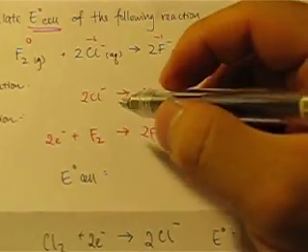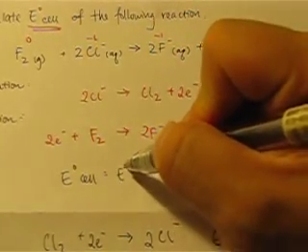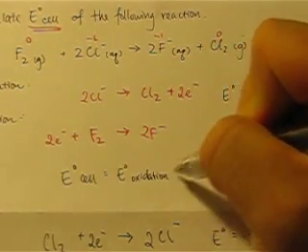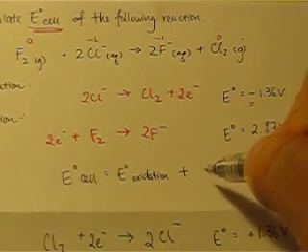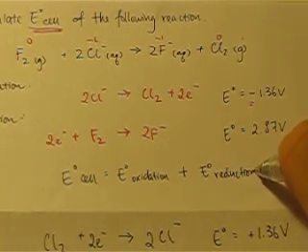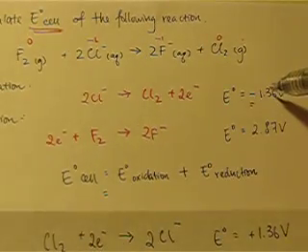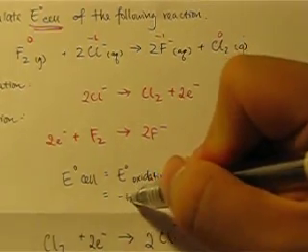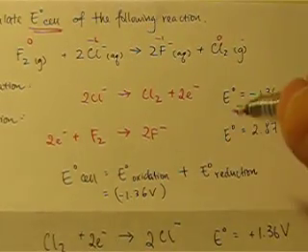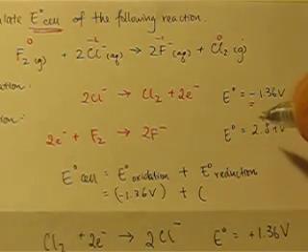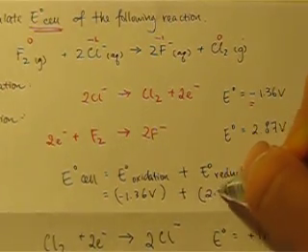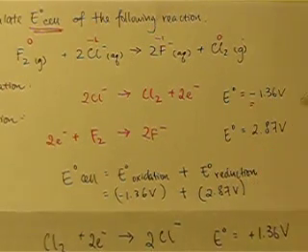And the formula we are going to use is the E for oxidation plus the E for reduction. Okay, so oxidation, negative 1.36 volt, plus E for reduction is 2.87 volt.